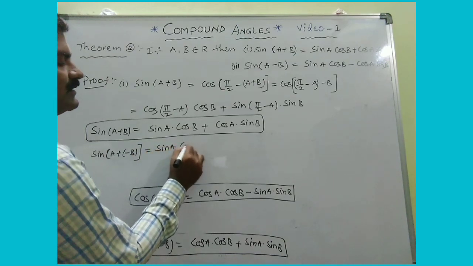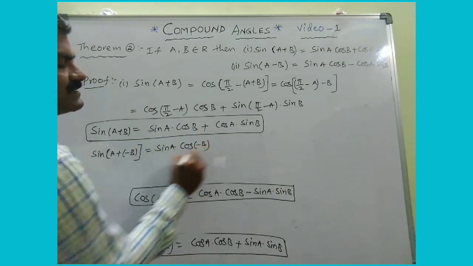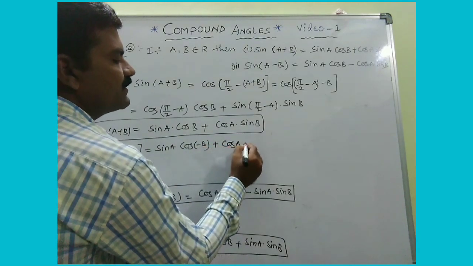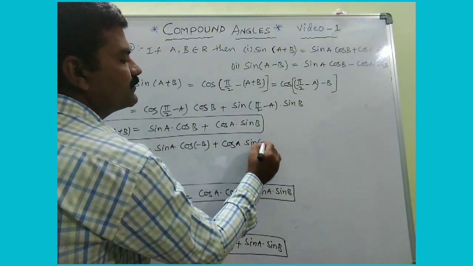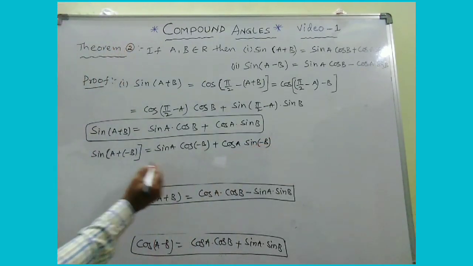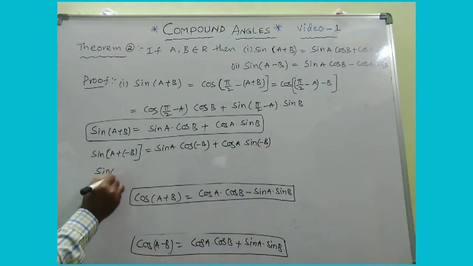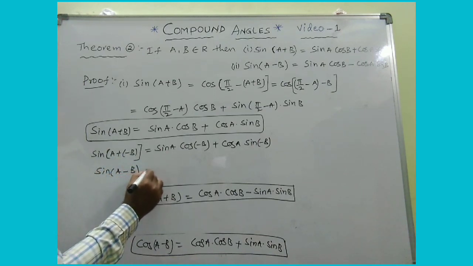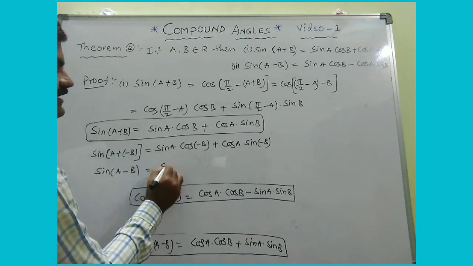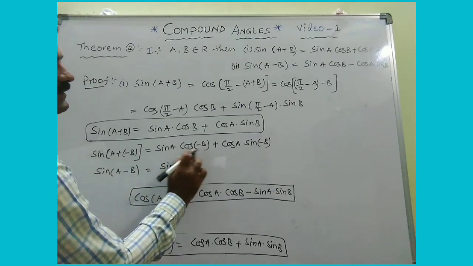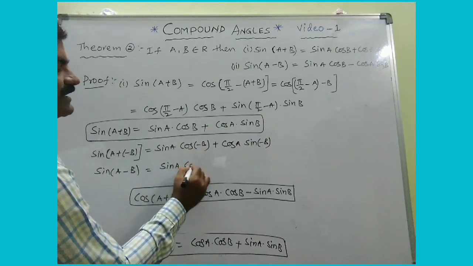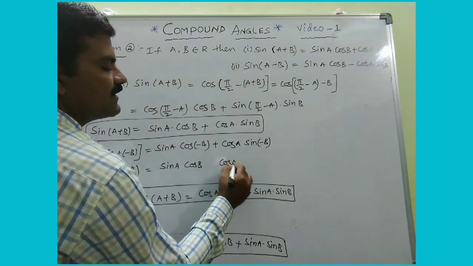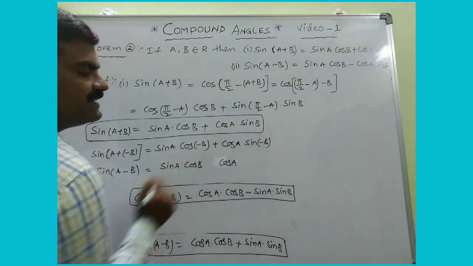Sin A into cos of minus B plus cos A into sine of minus B. And therefore this is sine of A plus minus B, which equals sine A, and cos of minus theta is positive anyhow, so this is cos B, and coming to cos A, sine of minus B is minus, no?